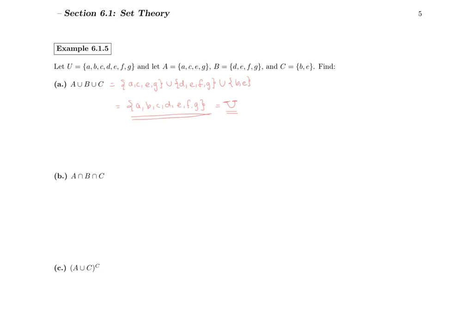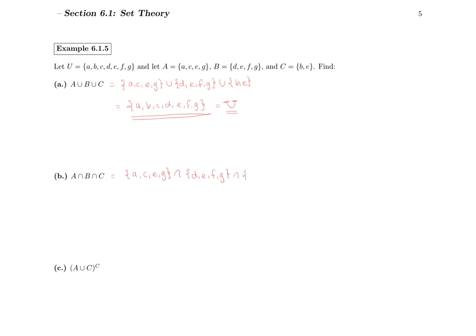Let's try looking at the same sets, but now instead of unions, let's try intersections. So let's intersect A, C, E, and G with D, E, F, and G. Well, we did that one before, and we found that the intersection of A and B was only E and G. So let's see if C has any of those elements.